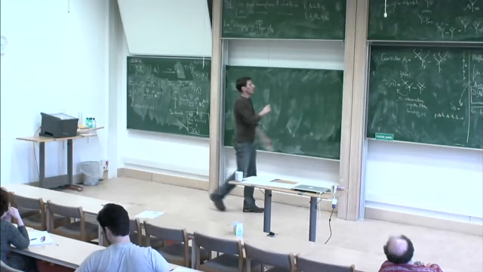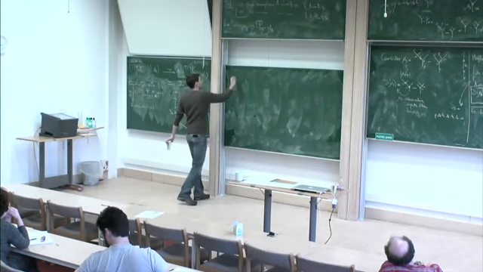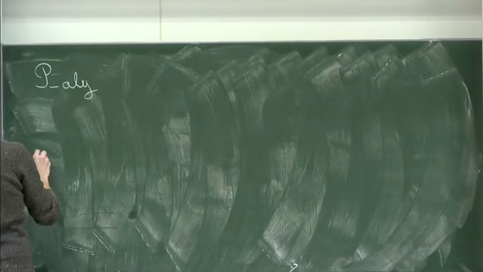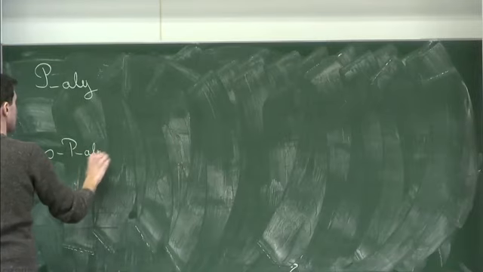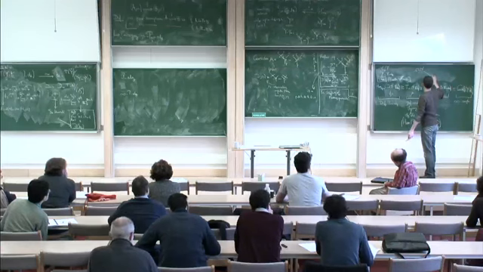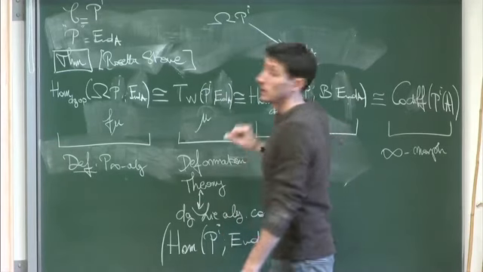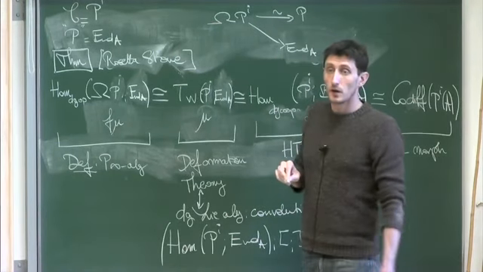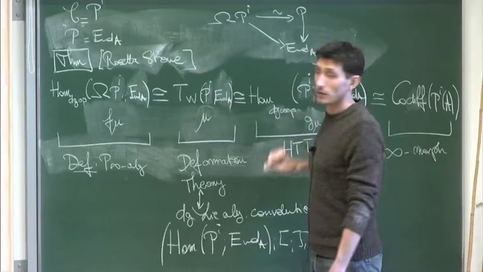Now, have a look. We have 4 categories so far. We have P algebras. We can consider P algebras, but with the infinity morphisms. What does it mean? Well, among P infinity algebras, we have strict ones. What is a P infinity algebra? It's a map from here to there, but this operad is a resolution of P. So this map may factor through that map.